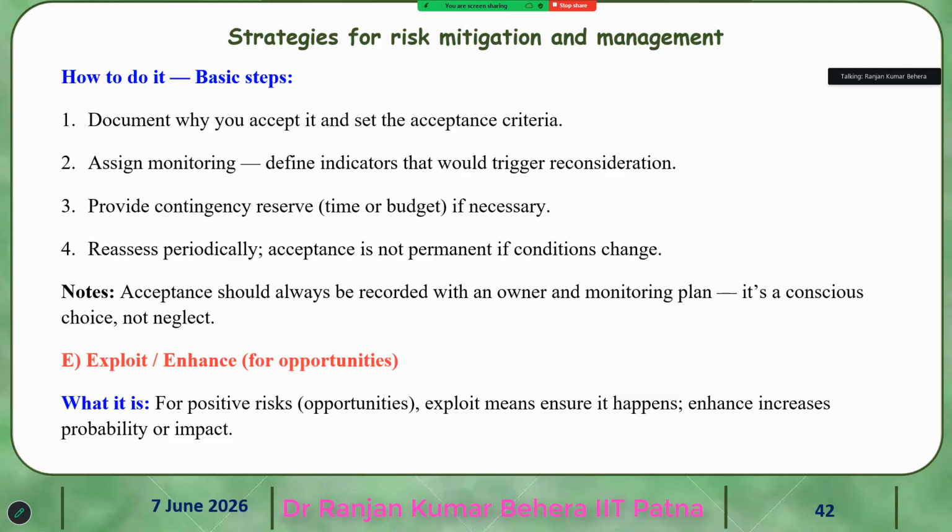Review periodically. Acceptance is not permanent if conditions change. So the acceptance should always be recorded with an owner and monitoring plan. It is a conscious choice: record the acceptance, the owner and the monitoring plan.